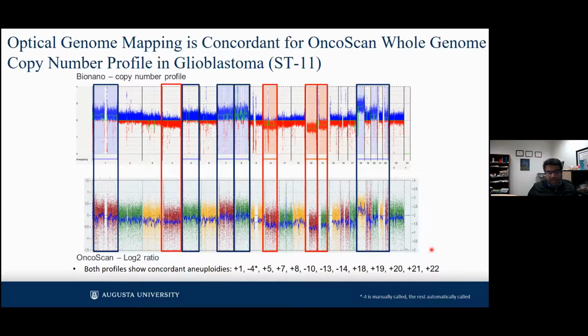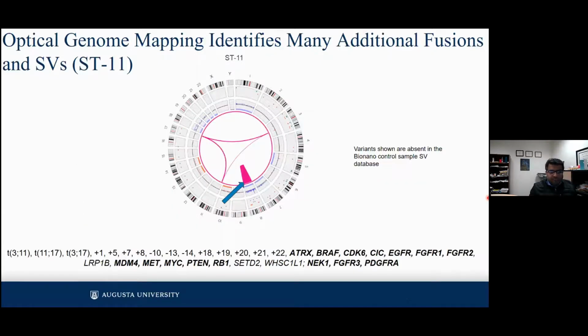So even at the whole genome level, you can clearly see distinct concordance with overall whole genome abnormalities in these two different platforms. On top of the concordance, we are able to identify a huge amount of additional information in the form of CNVs, SVs, as well as fusions and translocations in this particular tumor type.